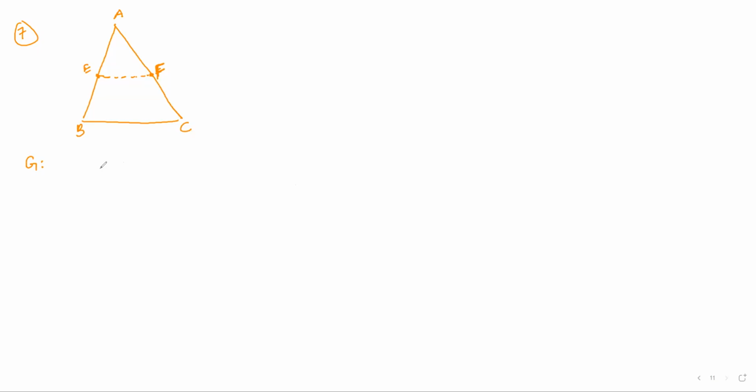It is actually called the midpoint theorem, right? Yes, ma'am. So this question is actually a theorem. You can write on the side of the question: this is your midpoint theorem, right? Okay.